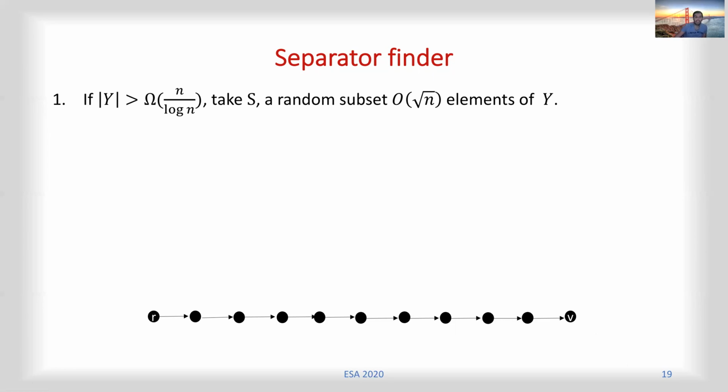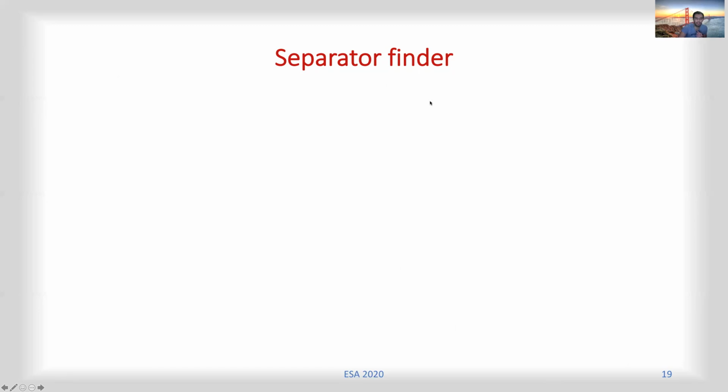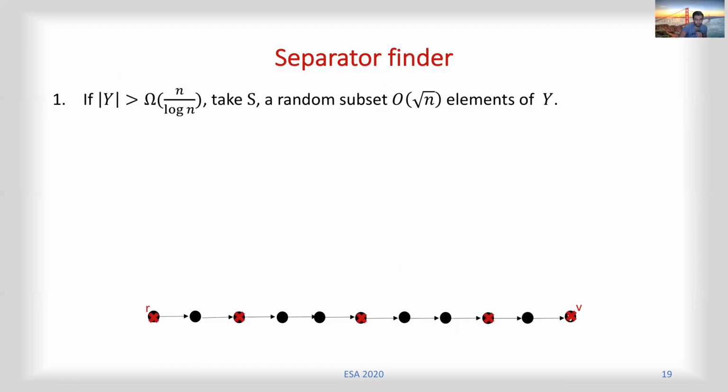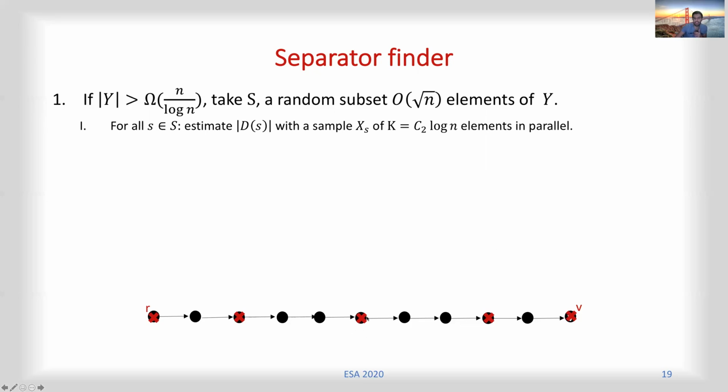If the path is very long, at least omega of n over log of n, we take a sample S of roughly square root of n elements of the path, and then we estimate the number of descendants for each of these sample nodes using a small sample of logarithmic size k in parallel.